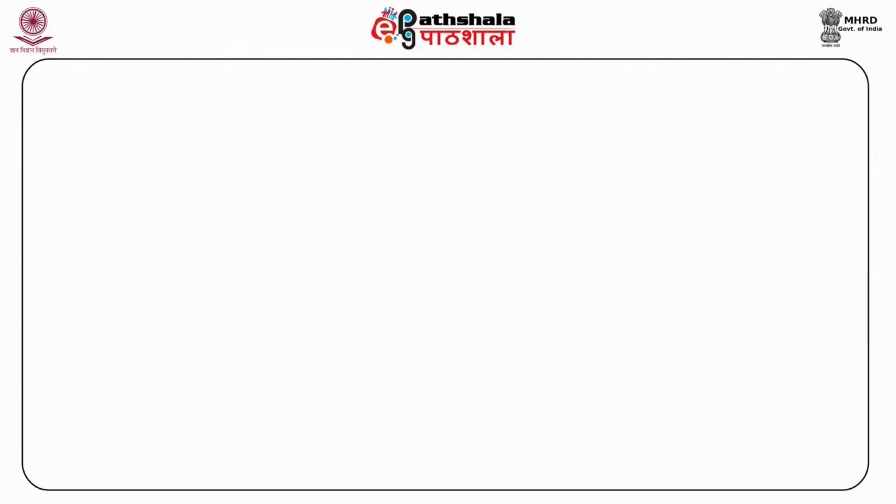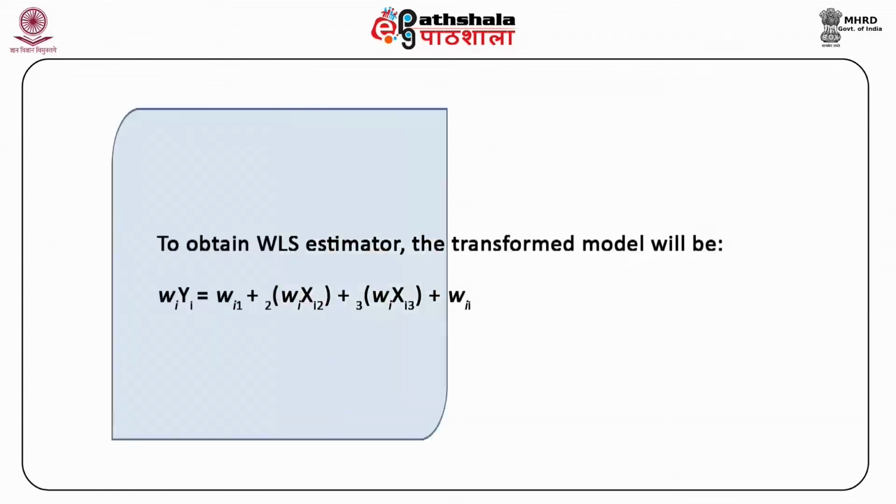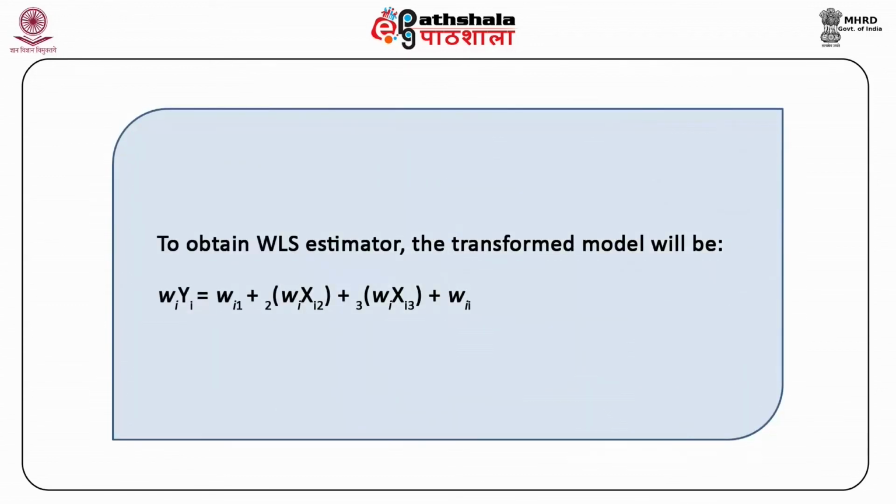Now, if W_i is equal to 1 divided by sigma_i, then we get the GLS estimator. Thus, the GLS estimator is identical to the weighted least squares estimator. Or one can say that the GLS estimator is a particular kind of WLS estimator.